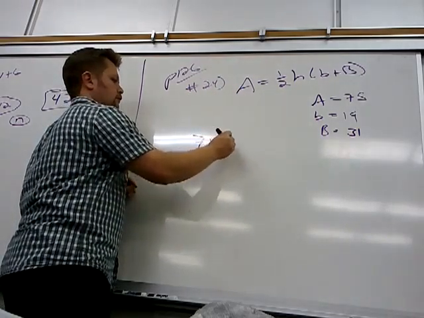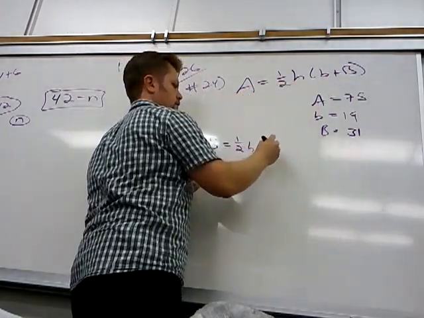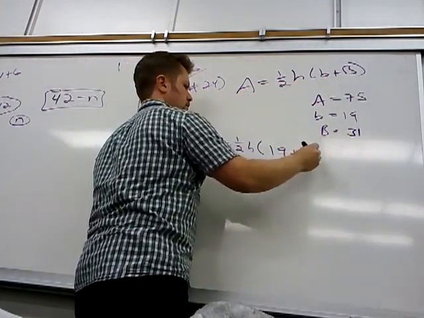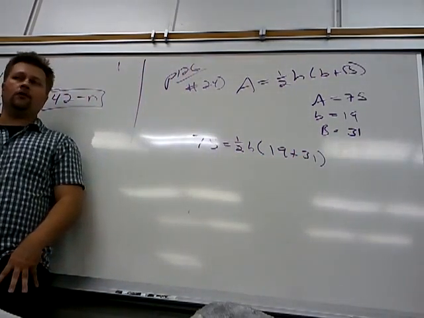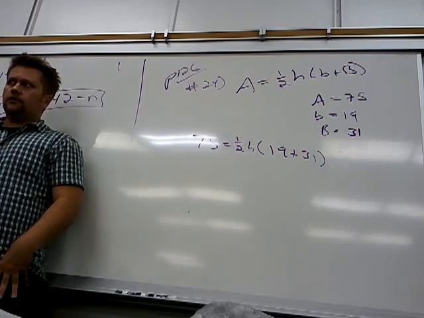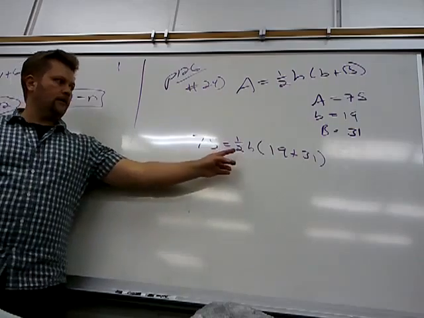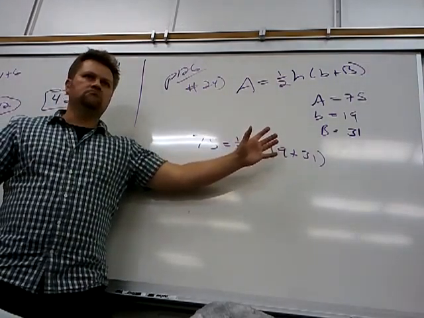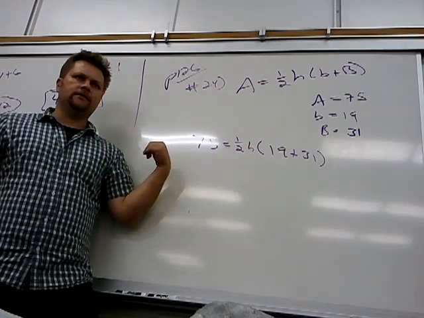So 75 equals 1/2 H times little b plus big B. See, now you can attack that directly. You only have one letter in the whole thing. So now you can put your like terms together, right? The nice thing is here, I would do half of this, kill that fraction right away, and then you're one step away from having H by itself.